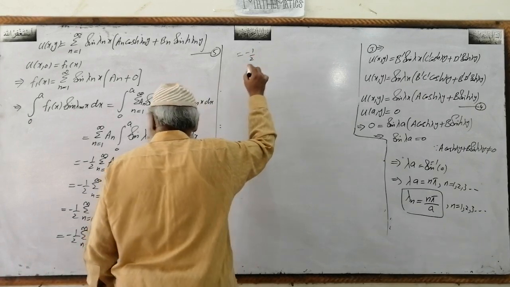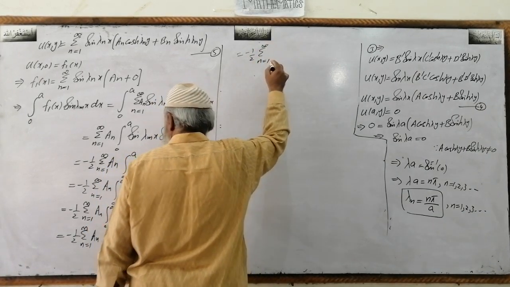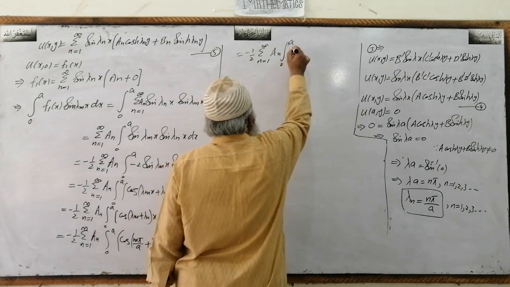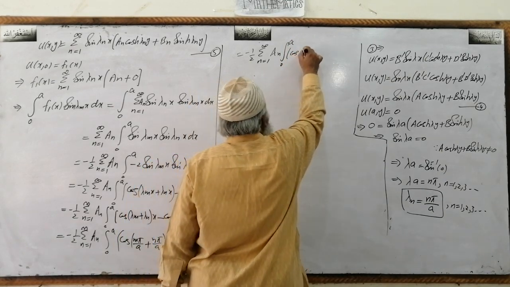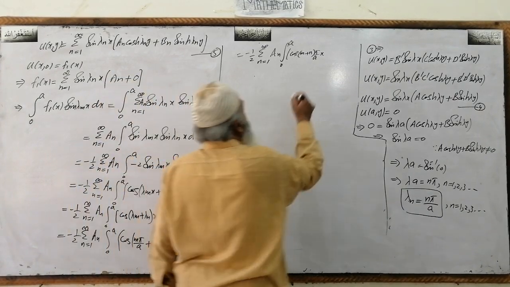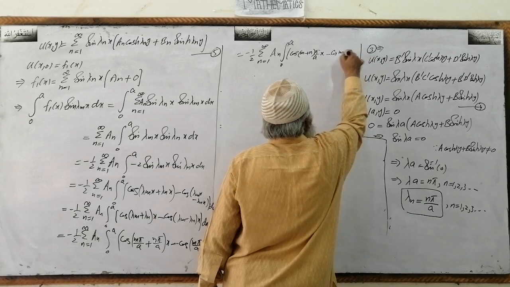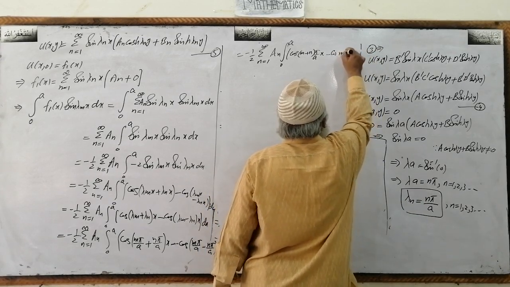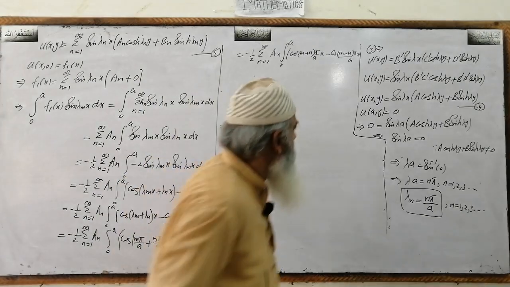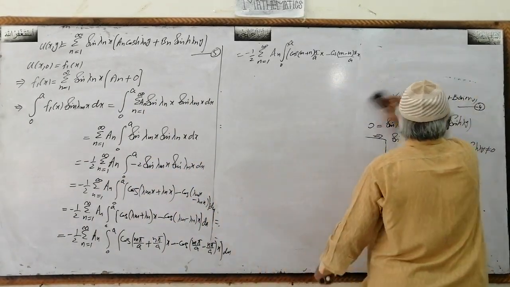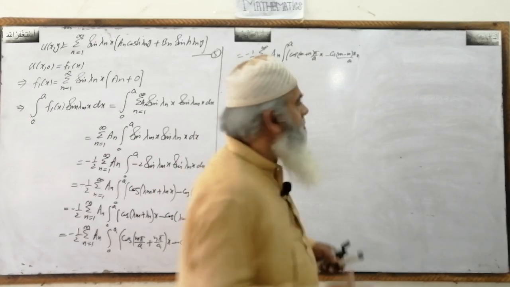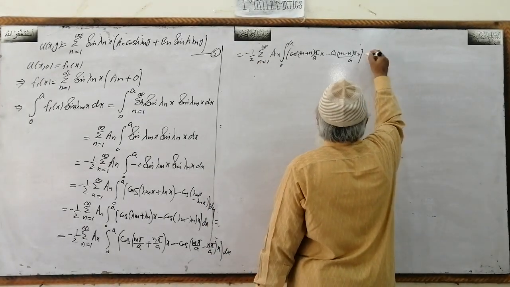This becomes minus 1 by 2, sigma n varies from 1 to infinity, a n, integral 0 to a, cos (m plus n) pi x over a minus cos (m minus n) pi x over a dx.